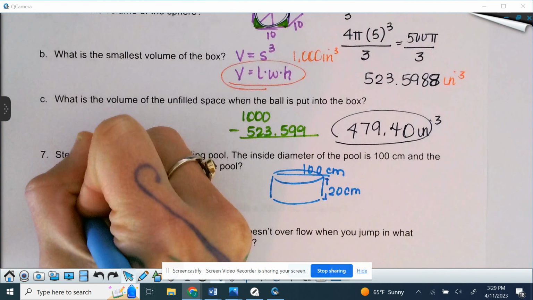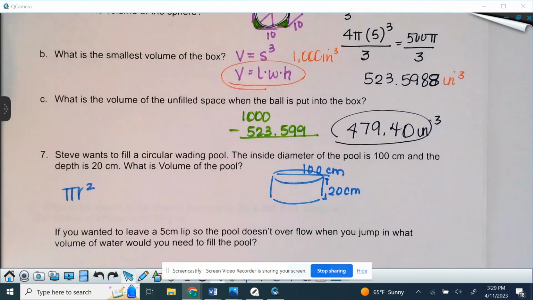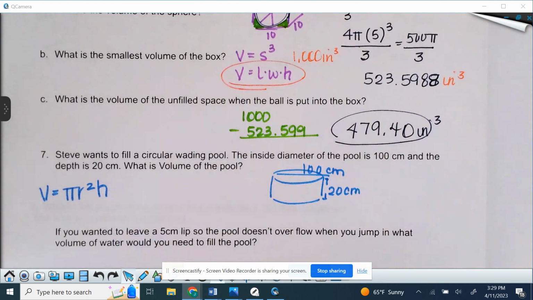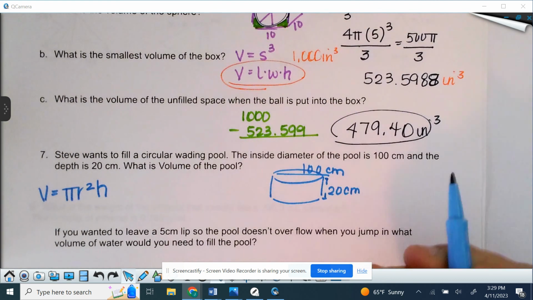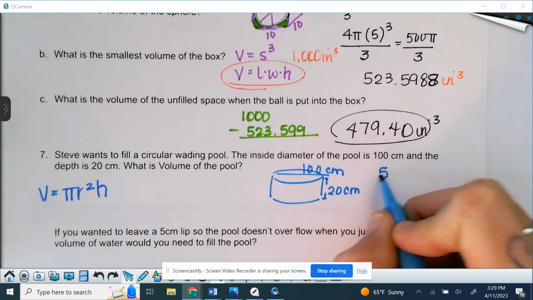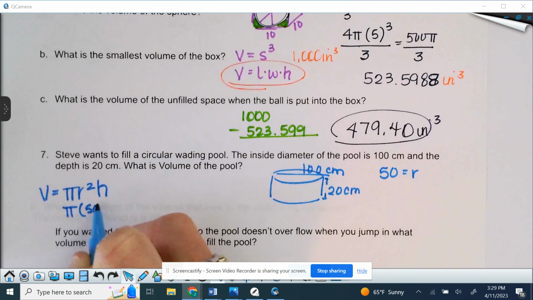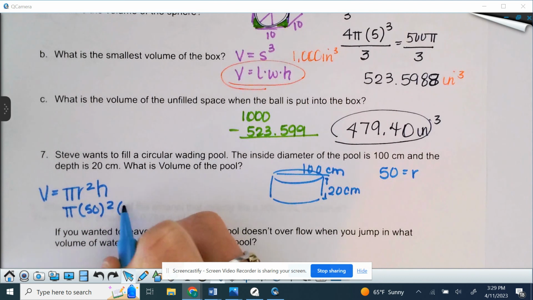r squared is the area of the bottom circle, and then how many are in this case, the pool or our stack of baloney. It does not say whether to use pi or 3.14, so let's see what it looks like in terms of pi. If the diameter is 100 centimeters, we do want to turn that into 50 for our radius. So we're going to do pi times 50 squared times our height, which is 20.